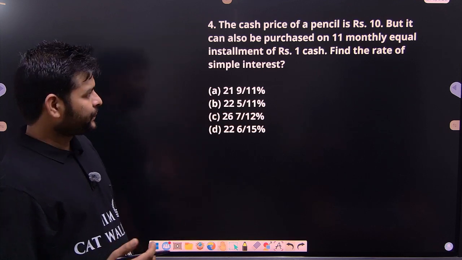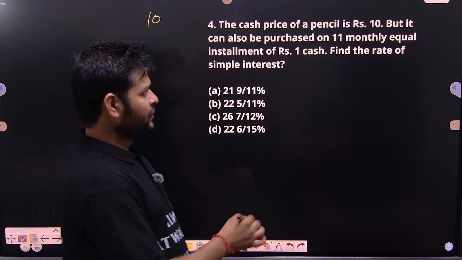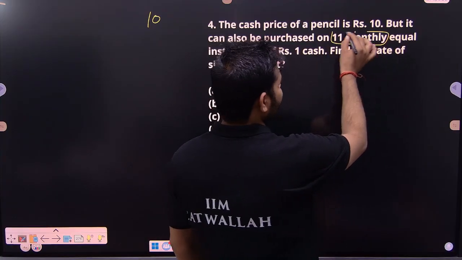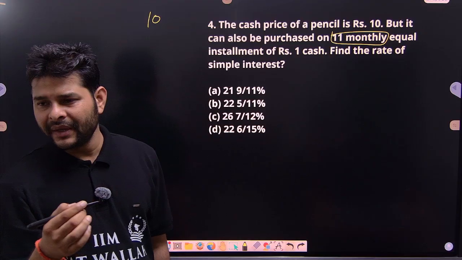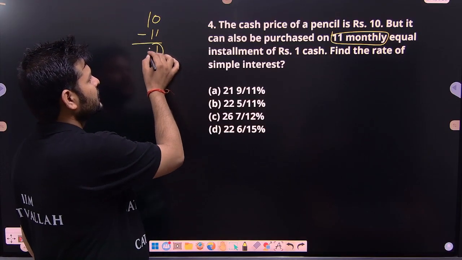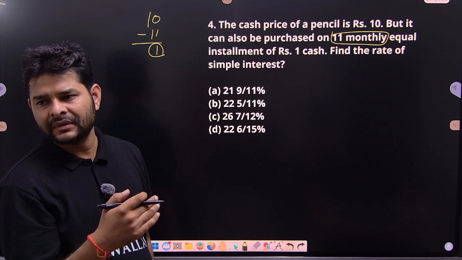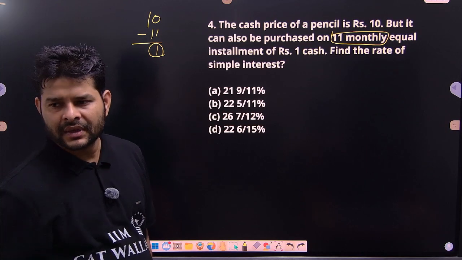So basically the real cost of the pencil is rupees 10. For 11 months, if I pay rupees 1, I'll pay 11. So first SI would be calculated on 11, and then in the same manner.